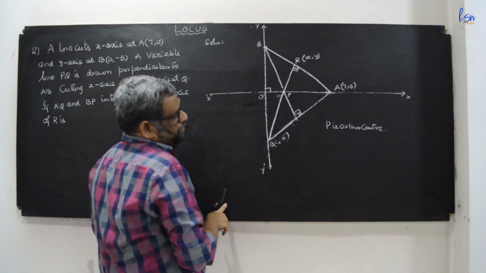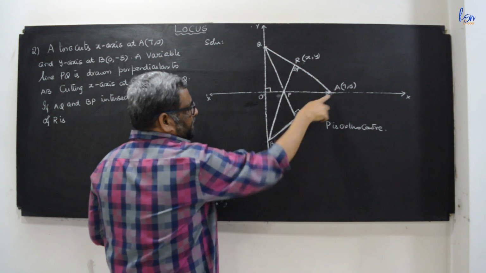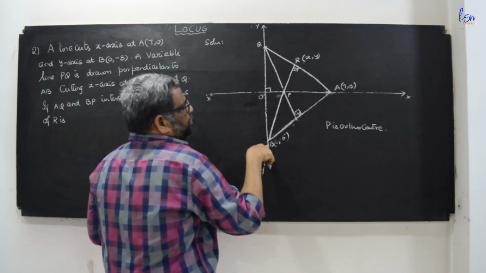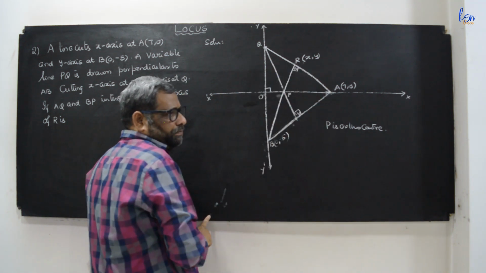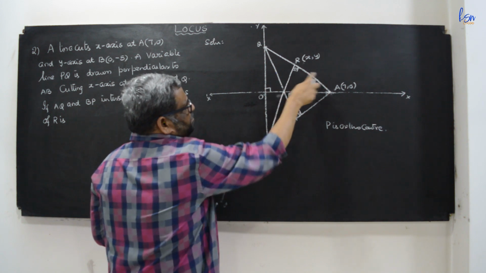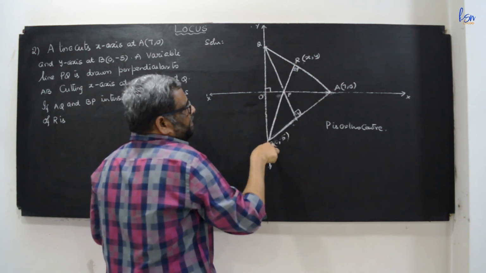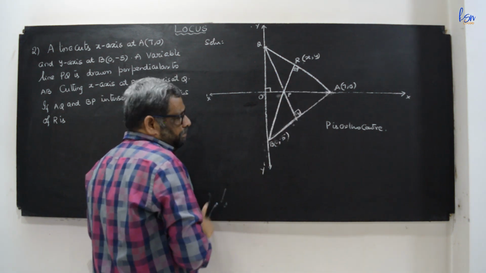You can do it in so many ways. One is, because it is a right angle triangle, AB square equal to RB square plus RA square. That is one method. The second one, these two lines being perpendicular, slope of RB into slope of RA is equal to -1. That is one method.